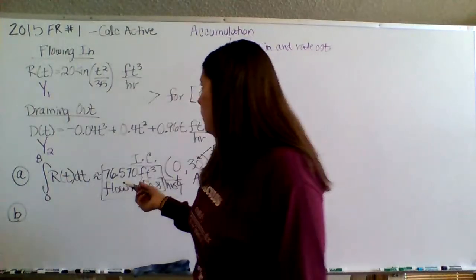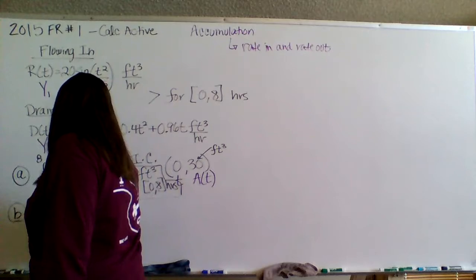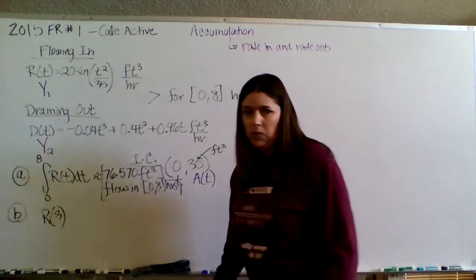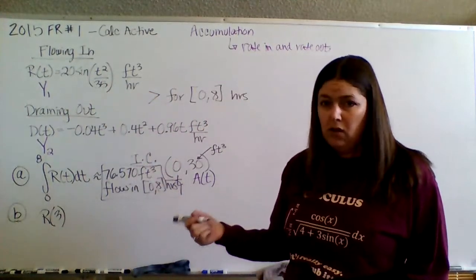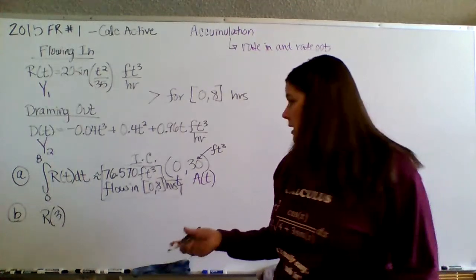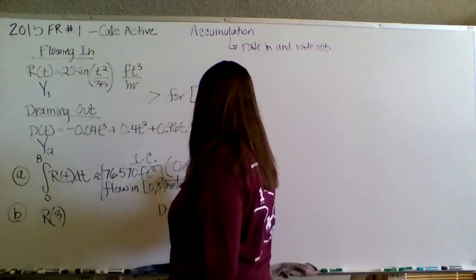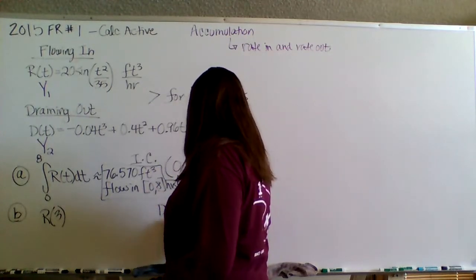So I would go, okay, if I want to know the rate that water flows in at time 3, don't I want to do R of 3? And since we've established that this is R and they told us that in the stem of the problem, we could just write down R of 3. And on your calculator, you're going to do Y1 of 3. And then I want to compare that to the draining out. What's going on with the cubic feet per hour at time 3 when it's draining out?